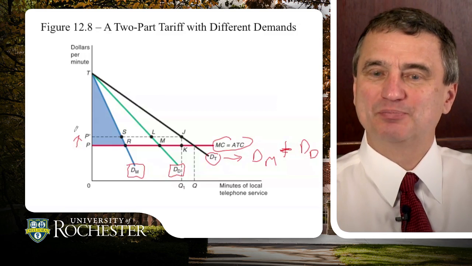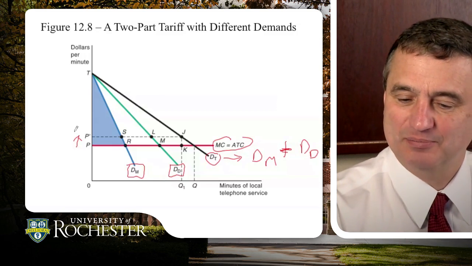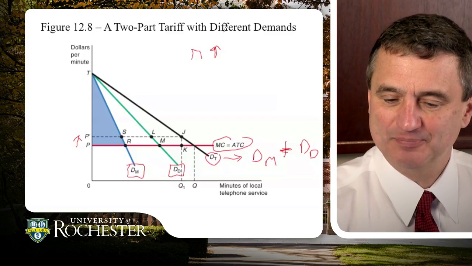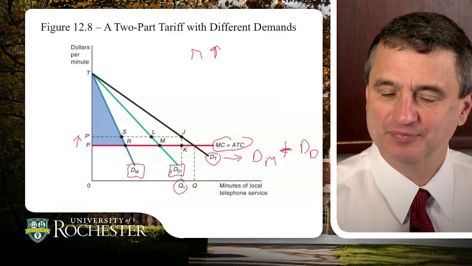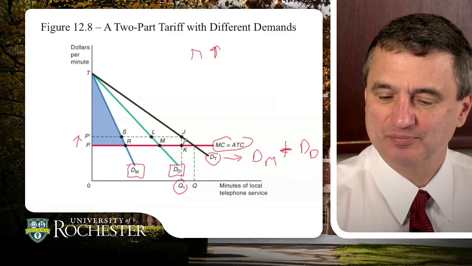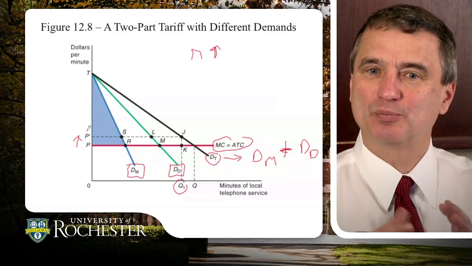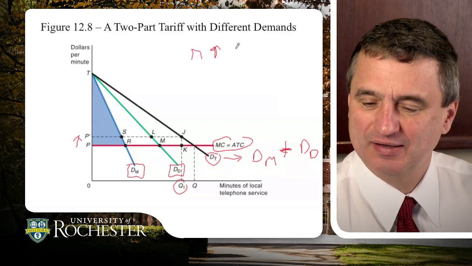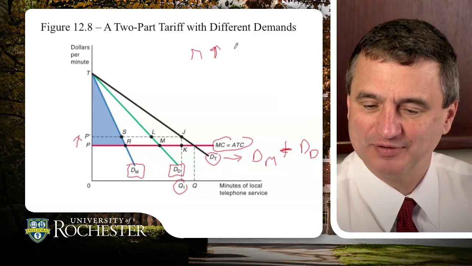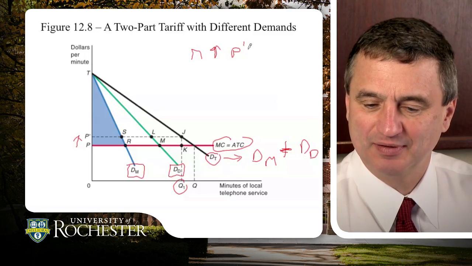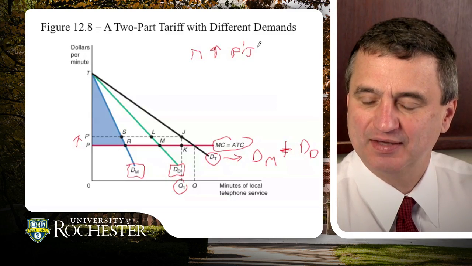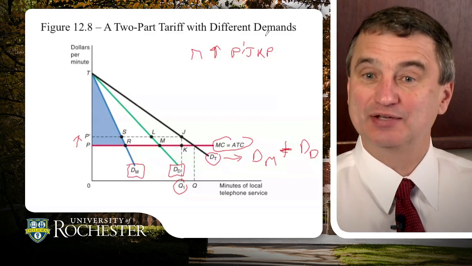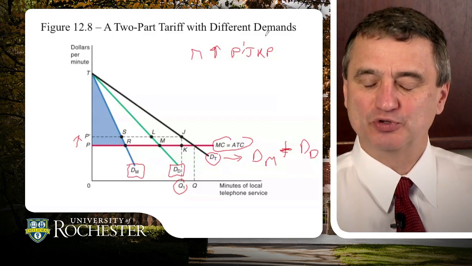That per unit price increase, the gain in profit, so profit would increase by the amount we sell, Q1, times how much the higher price exceeds the former price we charge, P. So there's an increase in per unit profit that's equal to P prime, J, K, and P. It's equal to that rectangular area if we charge a higher price per unit.